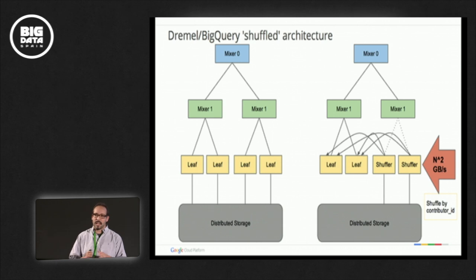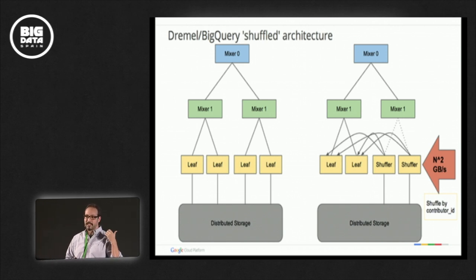Let's say you have only two groups. You have the reds and the greens. What the shufflers will do here is read all the data, and before passing them to the next stage, they will just divide them. Reds go this way, greens go this way. It's very simple, and they will never mix up in the tree, so we can do this in parallel. We don't have to care about grouping them later.